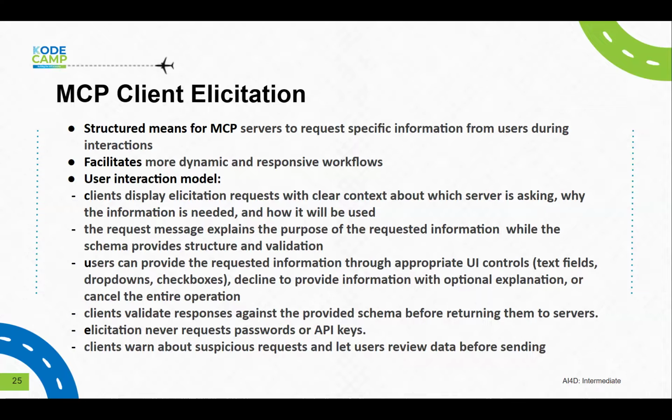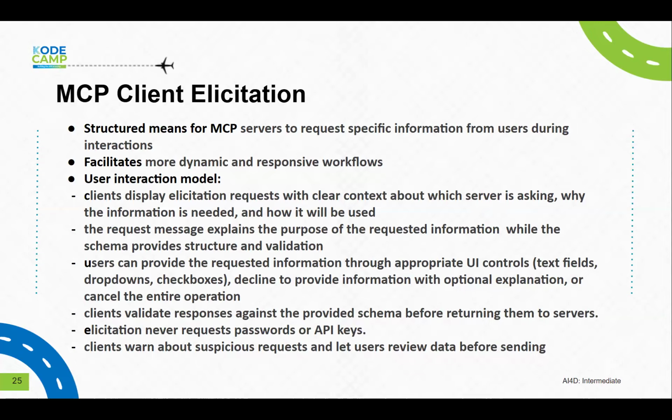And so when this elicitation request is received by the client and surfaced to the user, the user can decide to provide the requested information, or the user may decide to decline that request. They can either provide an explanation for declining or not, or the user can decide to cancel the entire operation.